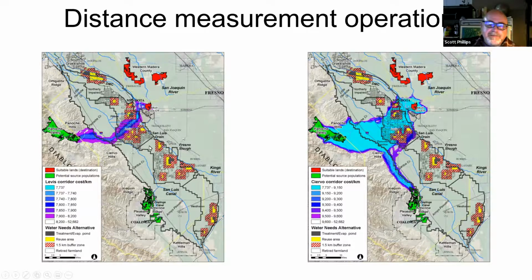Depending on the scenario of land retirement and evaporation treatment areas, which would be for selenium and so on, we could compare how easily it would be for animals to move through a landscape under different scenarios.